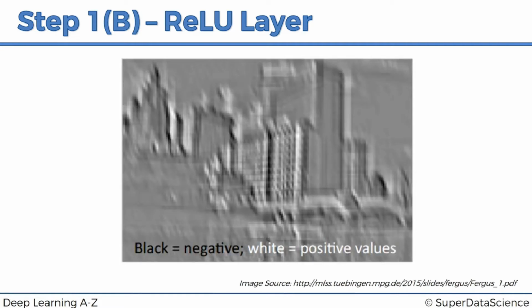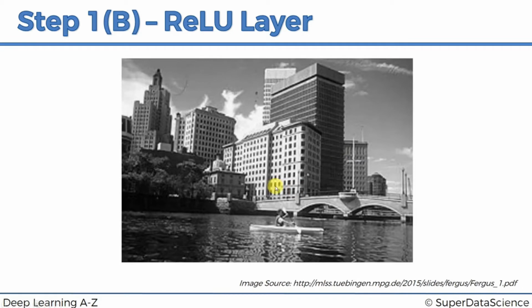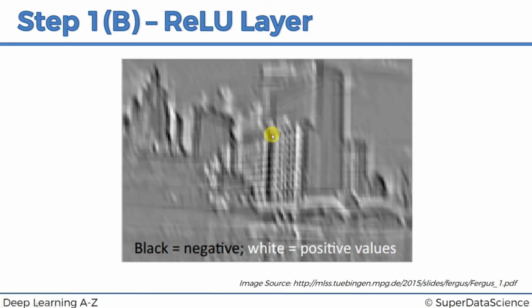It's pretty hard to see what exactly is the benefit in terms of breaking up linearity. I'll try to show an example on this image, but at the end of the day, this is a very mathematical concept, and we would have to go into a lot of math to really explain what is going on. But let's have a look. For instance, let's look at this building here. This is a building on its own. Then you can see this shadow, this black part over here.